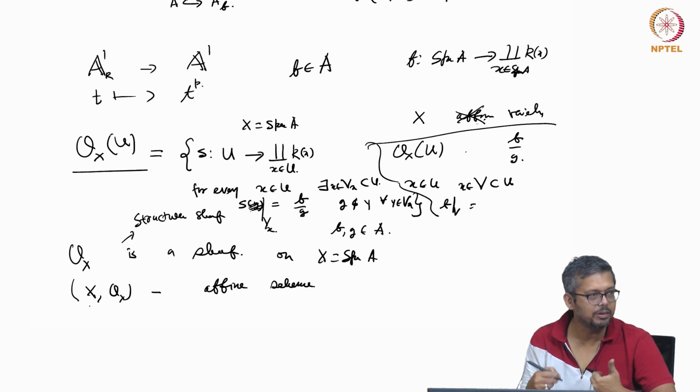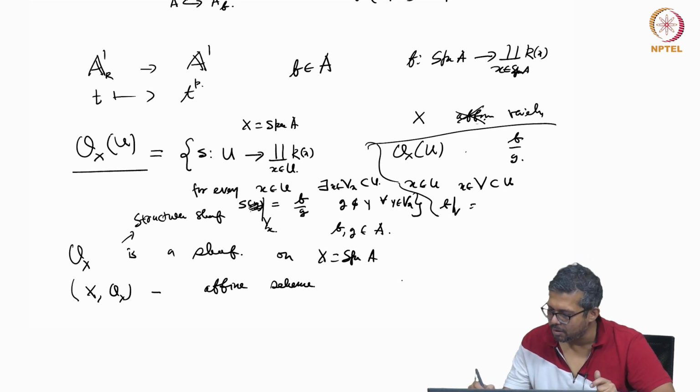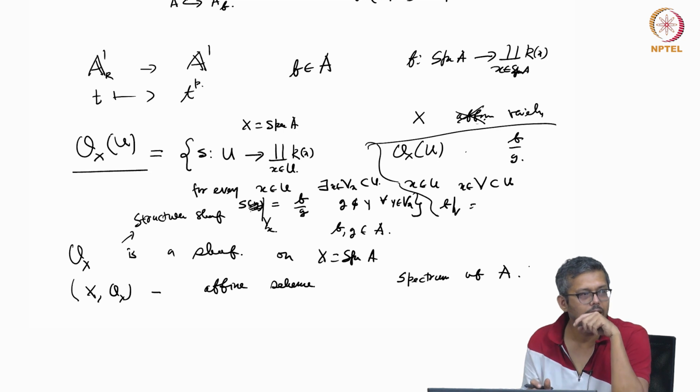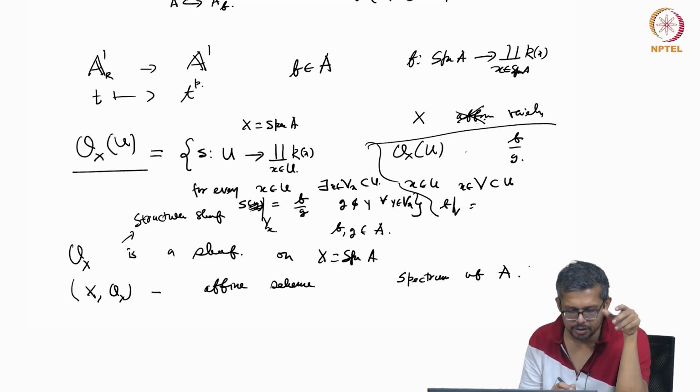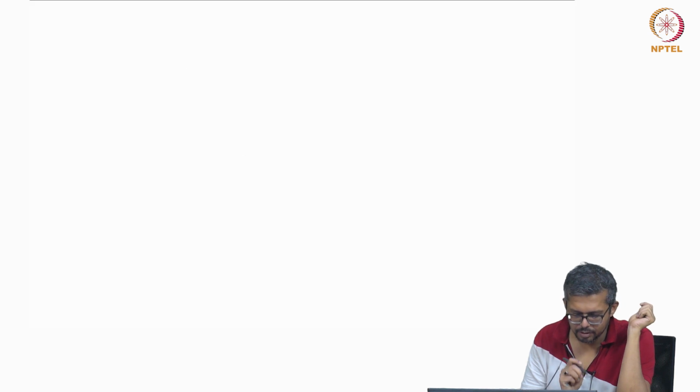It is not just Spec of A, it is also the structure sheaf associated to that. This is called sometimes the spectrum of A. So every ring is associated with a topological space and a sheaf.